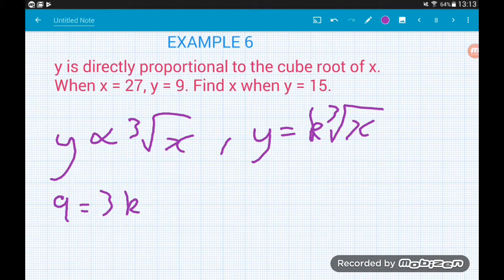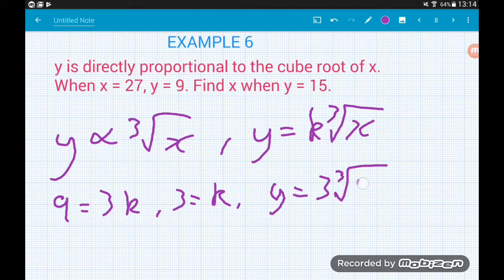Okay, and then divide by 3, we get 3 is equal to k. K is equal to 3. So then our exact formula linking the two together is y equals 3 times the cube root of x. So now we know exactly how they're linked together.